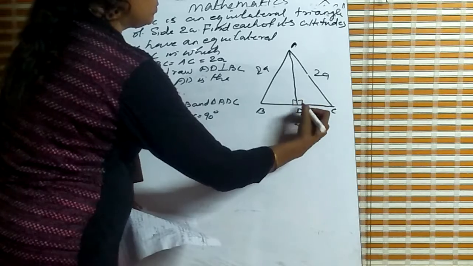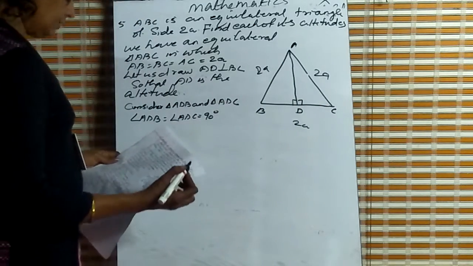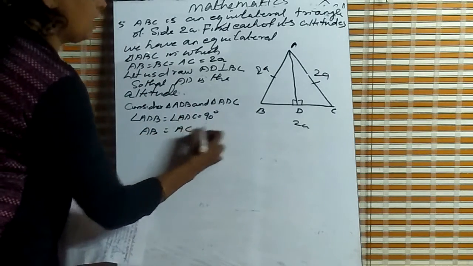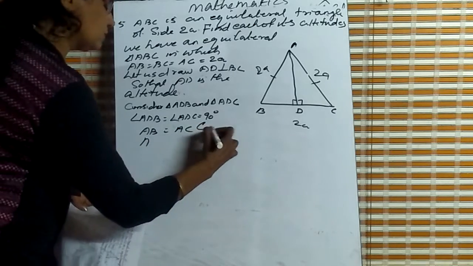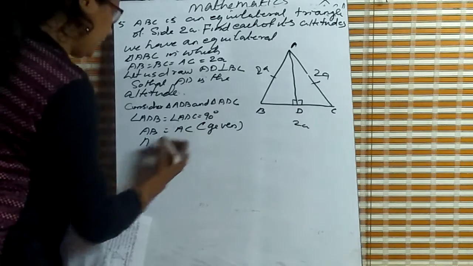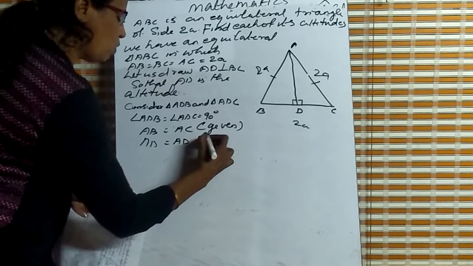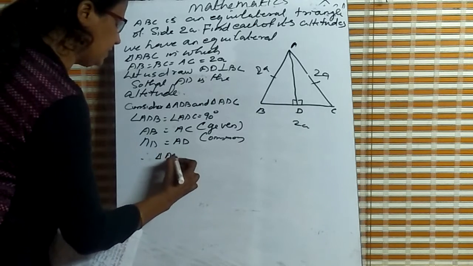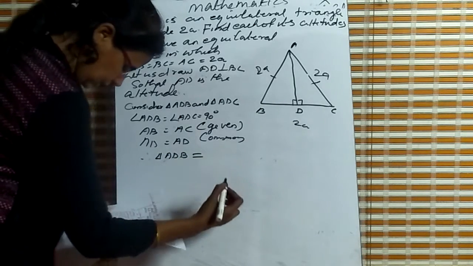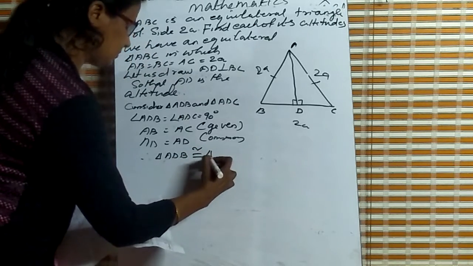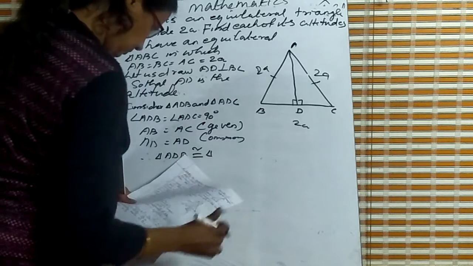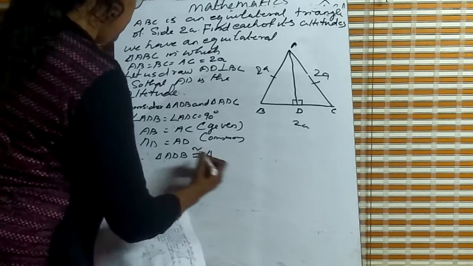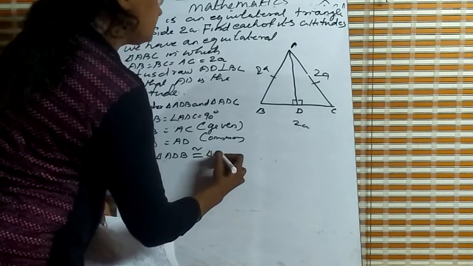These two angles are 90 degree and these two sides, AB is equal to AC, given, and AD is equal to AD, reason common. Therefore, triangle ADB is congruent to triangle ADC.